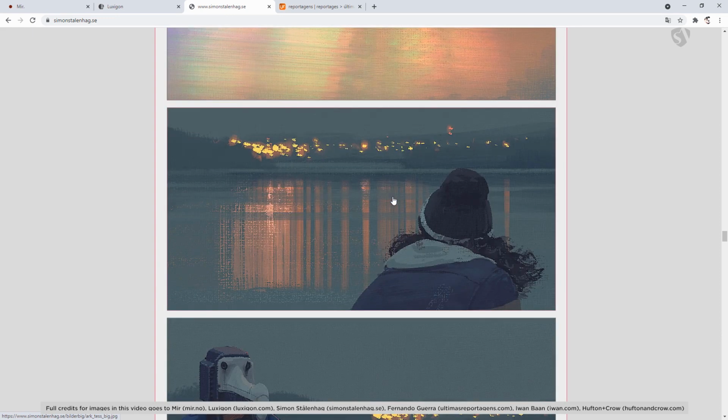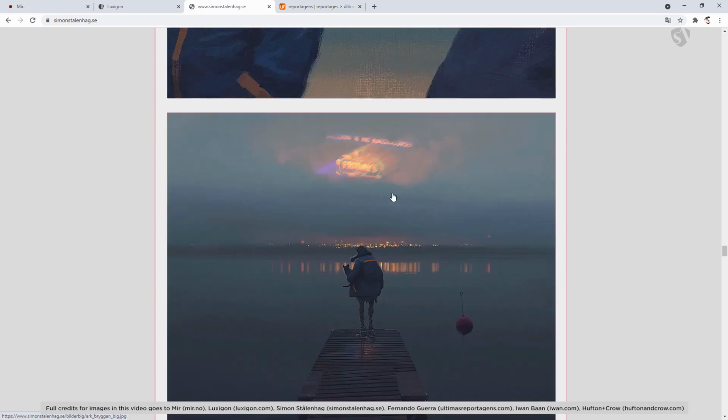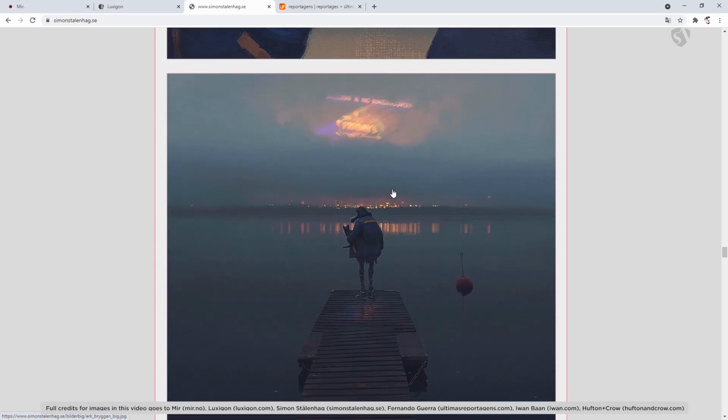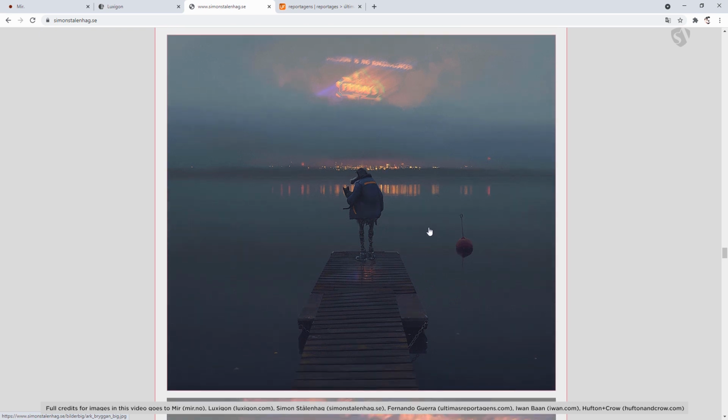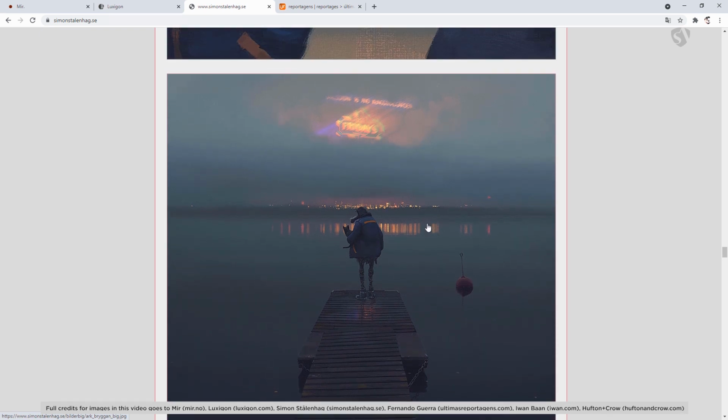But anyway, everything looks so possible and natural. This is why I picked him.